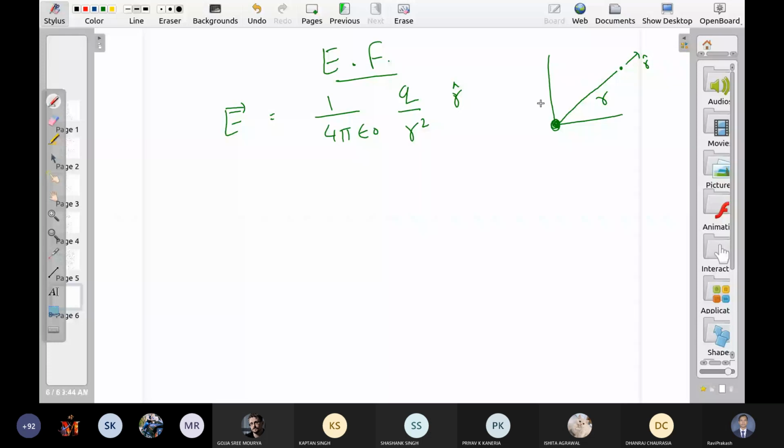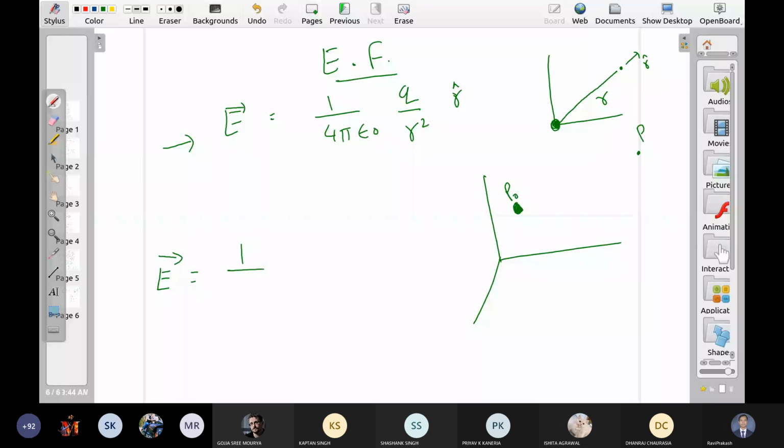Let me have some general setting. General setting means this is a coordinate system. Any coordinate system that you can choose, x, y, z or r, theta, phi, whatever you prefer. Charge is here at some point P0 and I want to calculate electric field at this point P. What is the formula now? Easy hai.